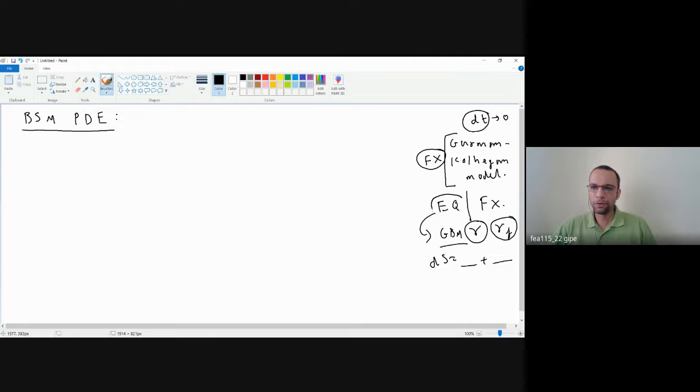So something which you do for equities, you can extend to FX this way. Once we complete Black-Scholes, I'll give you an idea of how you can do it for FX also. We'll briefly cover that. But this is that small change, the inclusion of the foreign risk-free rate. That is something we don't require for equities, but we need for FX. And that's precisely what Garman-Kohlhagen did as well.